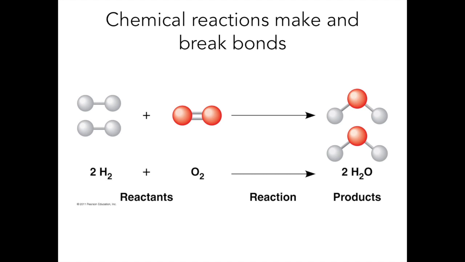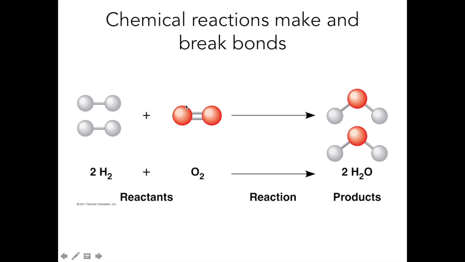So finally, I just want to tell you, chemical reactions are what happen when we make and break chemical bonds. So if you've ever heard of a chemical reaction, which you probably have, what's really happening at the atomic level, the molecular level, is that bonds are being broken, bonds are being made. So we can take, for example, 2 molecules of hydrogen gas, combine that with a molecule of oxygen gas, and end up with 2 molecules of water.